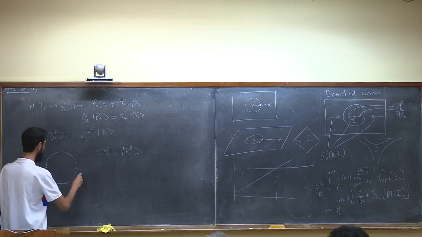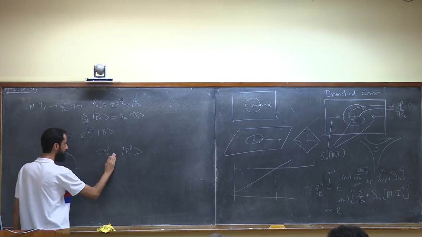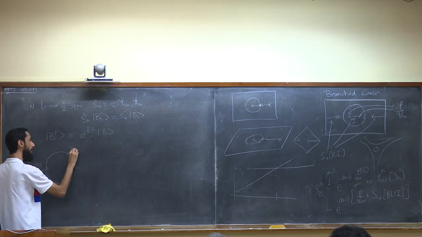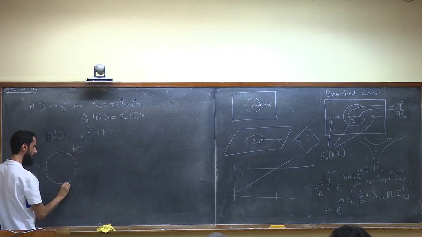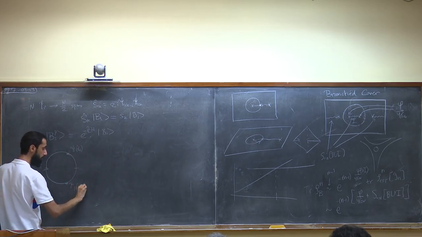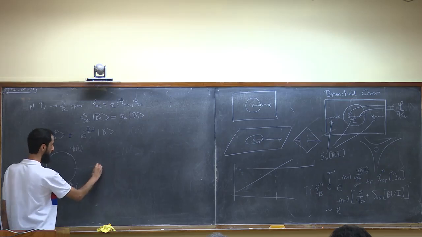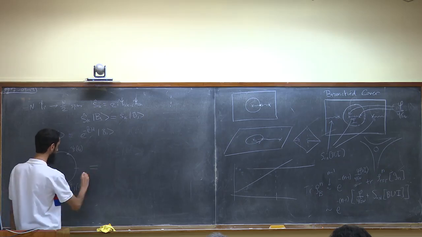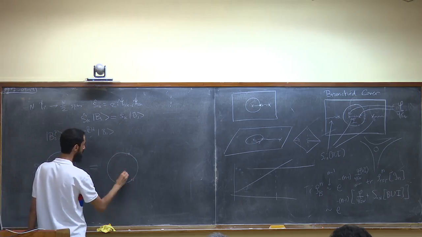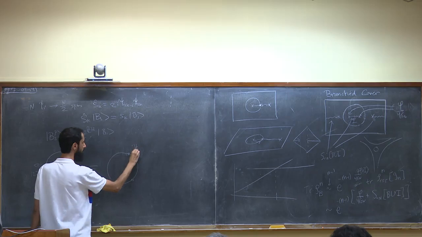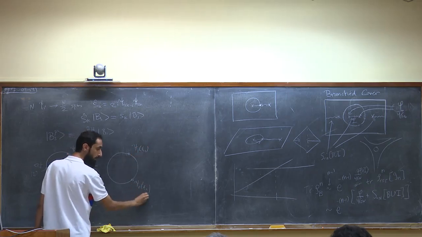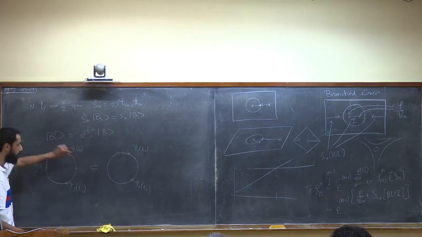Say we compute the 2-point function, psi 1 at some time t1, psi 1 again at some time t2. The result of Cotler and Maldacena is that this is equal to the 2-point function in the thermal state, on the thermal circle, psi 1 at t1, psi 1 at t2, for all times. So you can move this around.